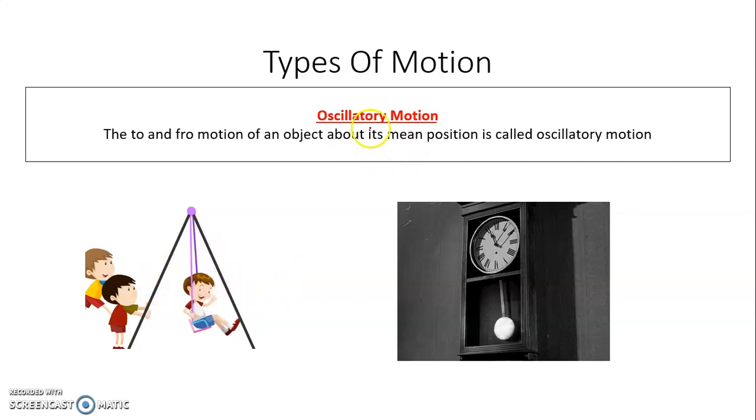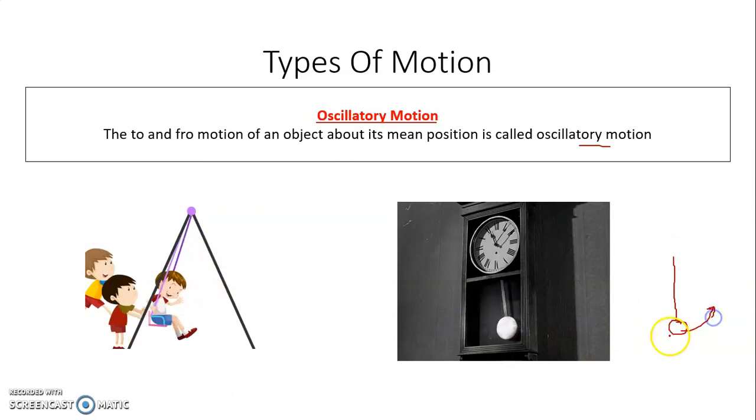Now let us see what is oscillatory motion. The to and fro motion of an object about its mean position is called oscillatory motion. Many students face difficulty in understanding oscillatory motion. Look very carefully into the pendulum of this clock. Suppose this is the bob and it is oscillating like this.